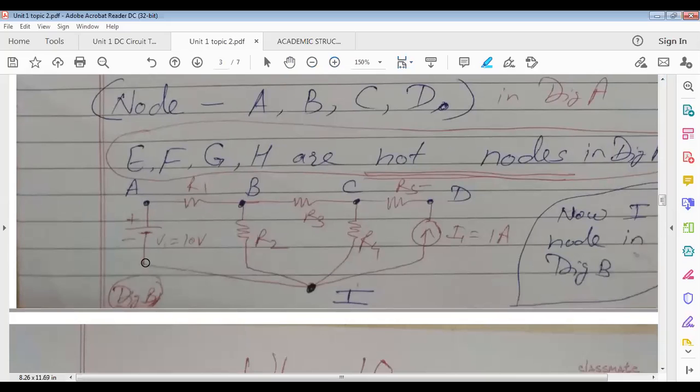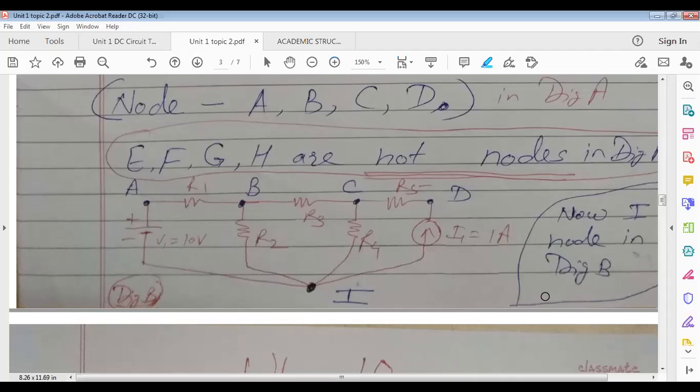Rather than the E, F, G, H points, I considered only one point, and the negative terminal of the 10 volt, the R2 terminal, the R4 terminal, and one terminal of I1, I have connected together, and this node or junction I mark as I. Now, is AI a branch? Yes. AI, BI is also a branch, CI is also a branch, and DI is also a branch.